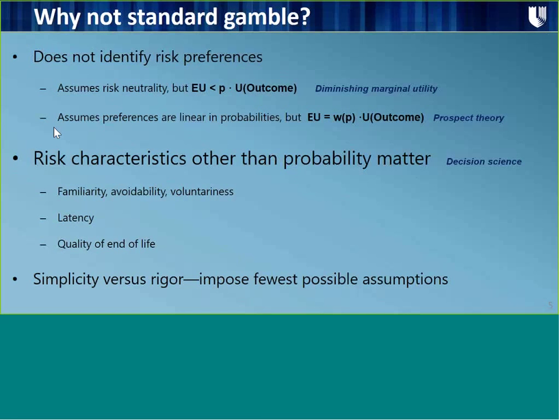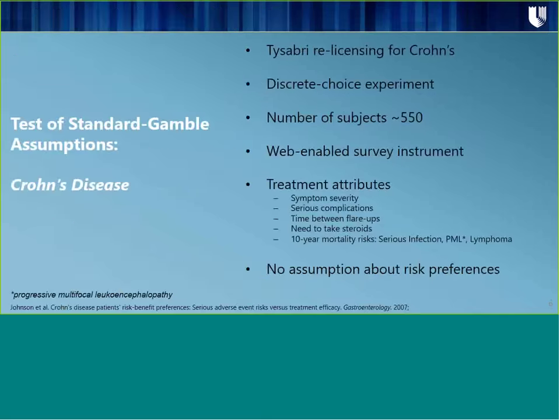So we are going to have to sacrifice simplicity in the interest of rigor, as we'd like to, in what we do with patient data: impose the fewest possible assumptions a priori and just let people's preferences say whatever they say.